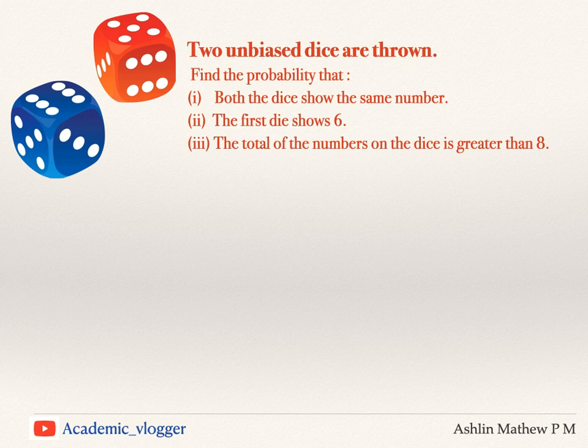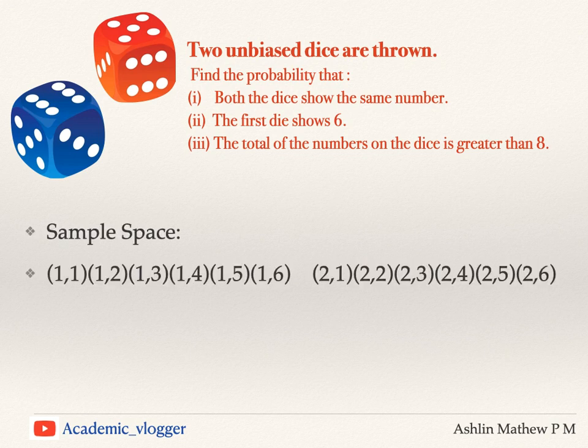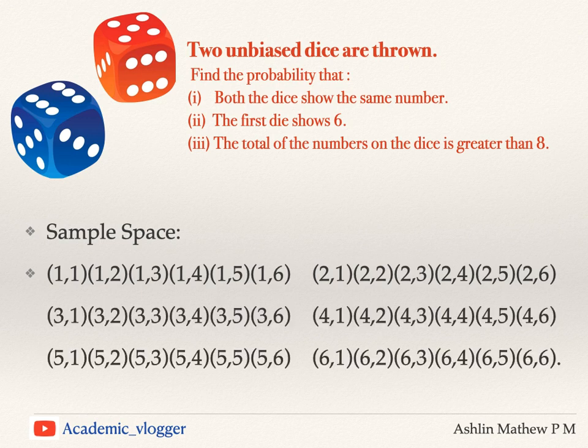Before going to find the probabilities of those sub-questions, we are required to find the sample space. That means 2 dice are thrown. The sample space or the possible outcomes could be 1 1, 1 2, 1 3, etc., up to 6 1, 6 2, 6 3, 6 4, 6 5 and 6 6.